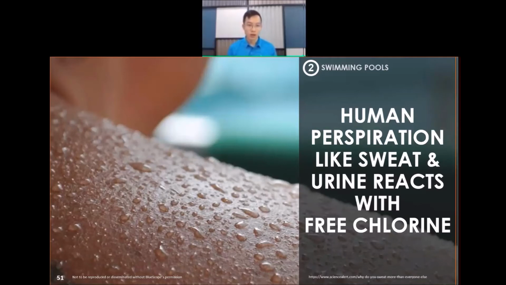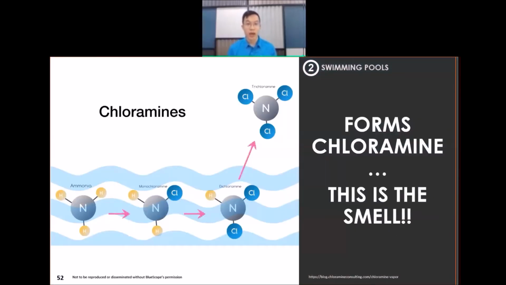One of the byproducts of this reaction is called chloramine, from the reaction of hypochlorous acid with the ammonia that is emitted from our sweat and urine. This is the chemical that causes the smell you observe when you go to a swimming pool, and sometimes it can be so strong that you don't want to swim.